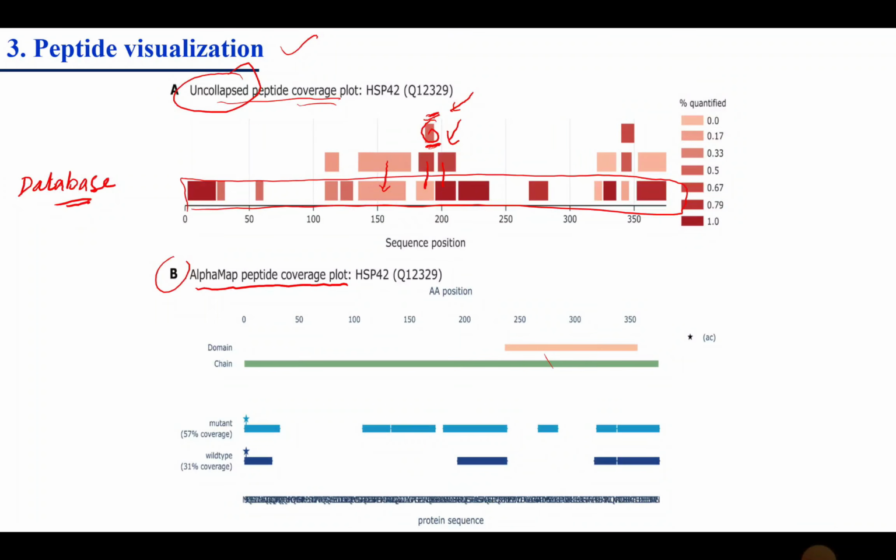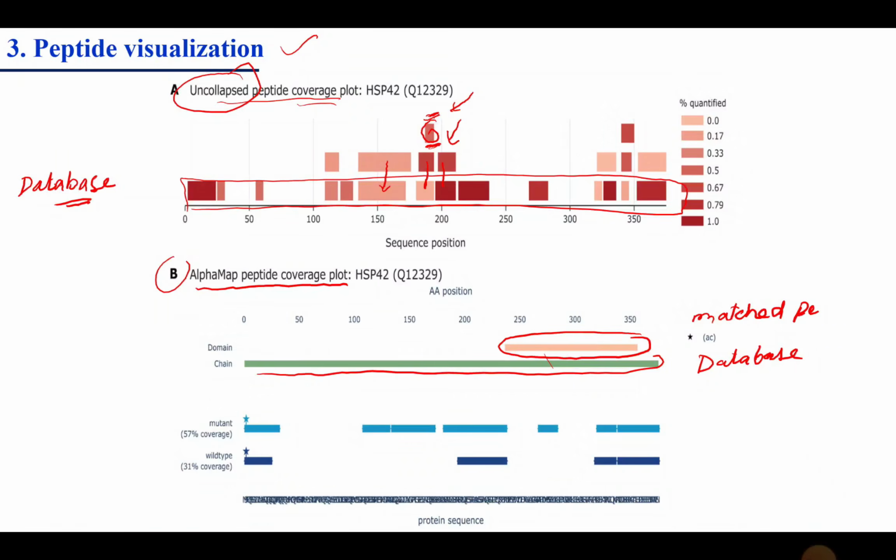Here you can see, let's suppose this is the sequence of protein in the database, and this is the sequence of our matched modification profile. These are the matched peptides. Note that there is no gap between all these peptides because based on the database sequence we have just joined them together to get a final protein.